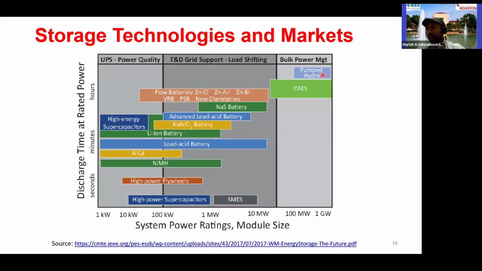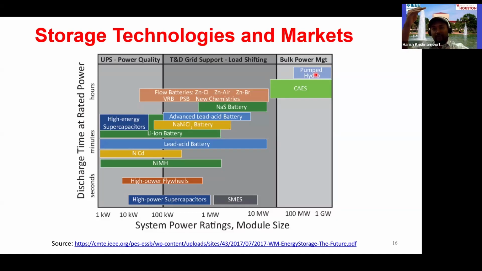On the top right side of the spectrum, you have pumped hydro. Basically, it's the same hydropower mechanism that we use. What if we pump water from a lower side up to a higher potential resource?